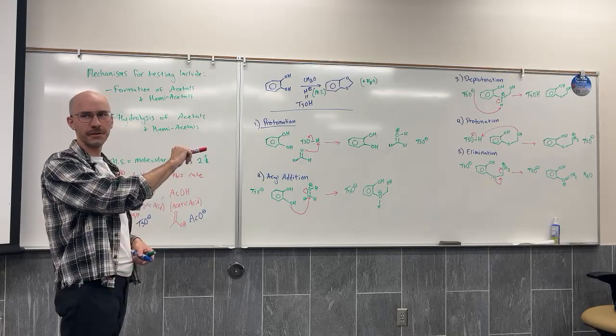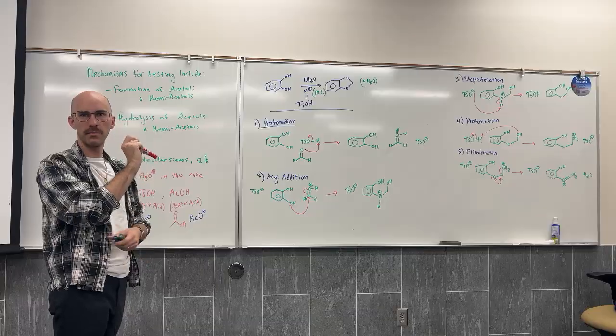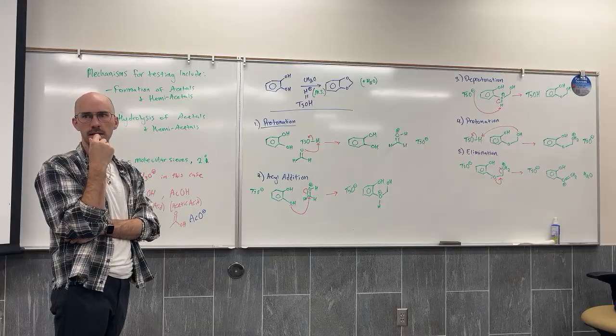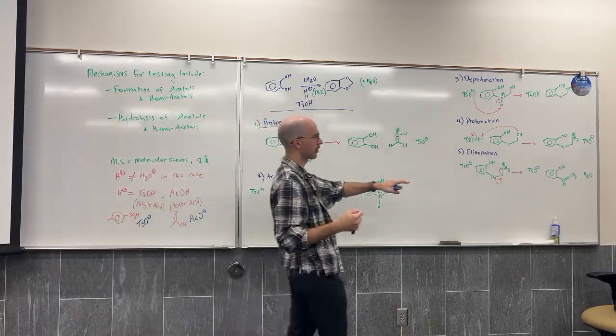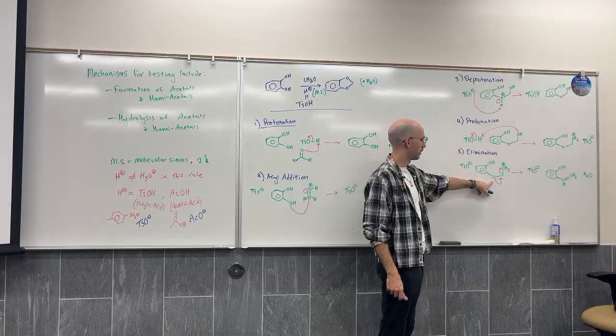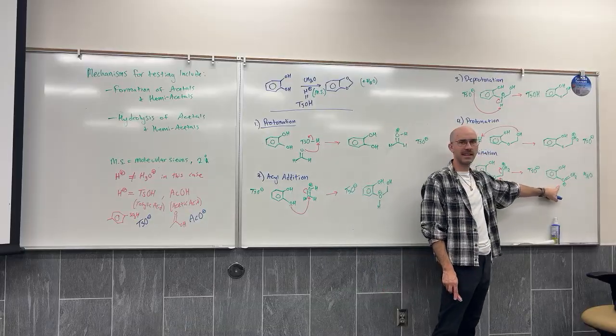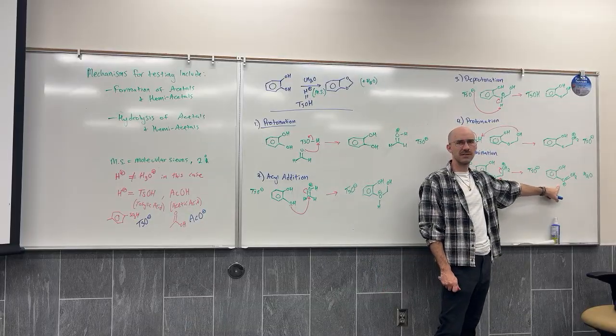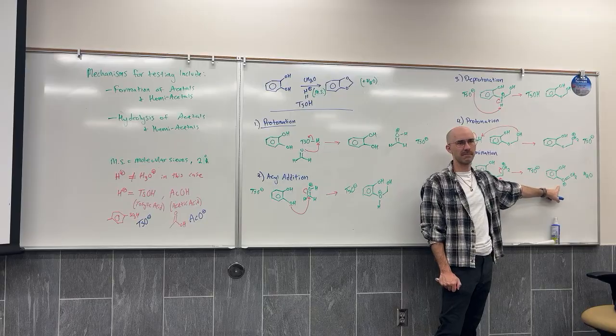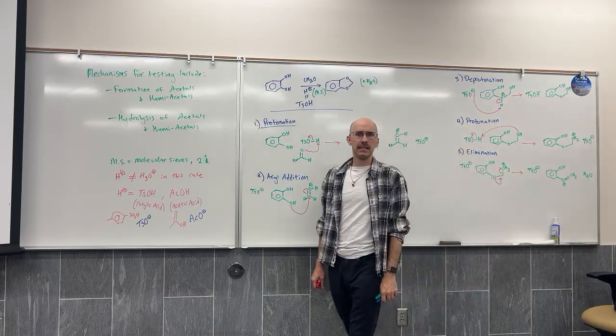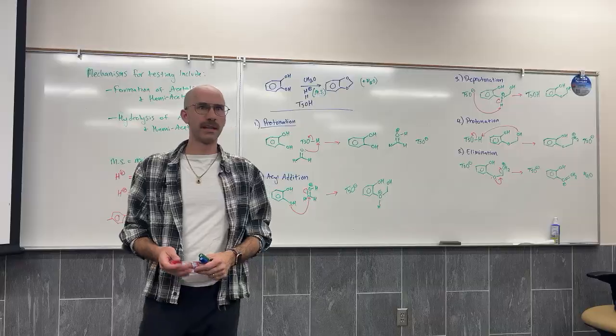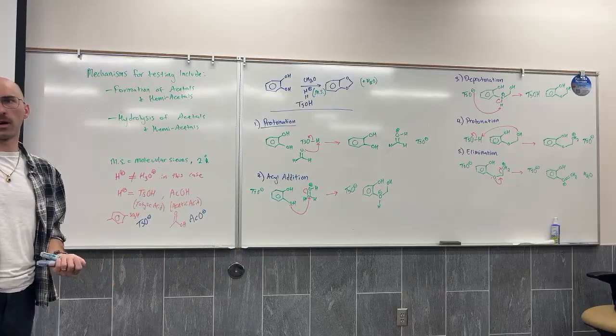Does that look like an ether on the bottom? It certainly looks like an ether at the start, but does it look like an ether at the end? What does it look more like? To me, it looks a lot more like a carbonyl. It looks like a CO double bond.